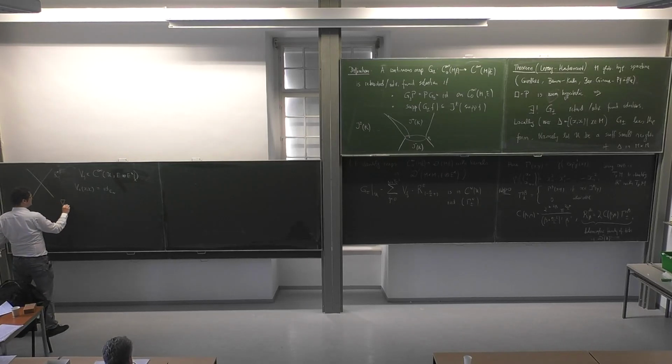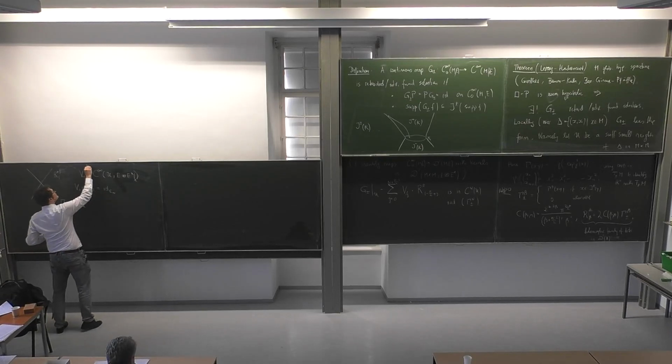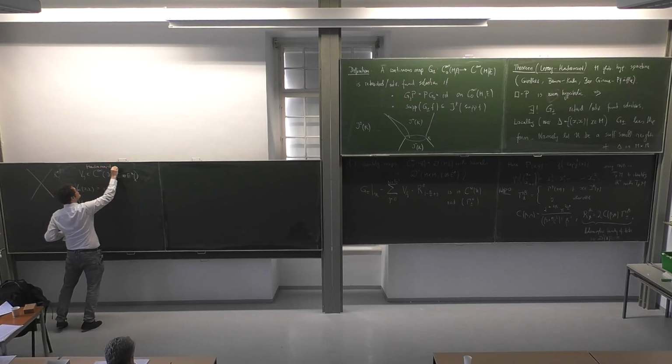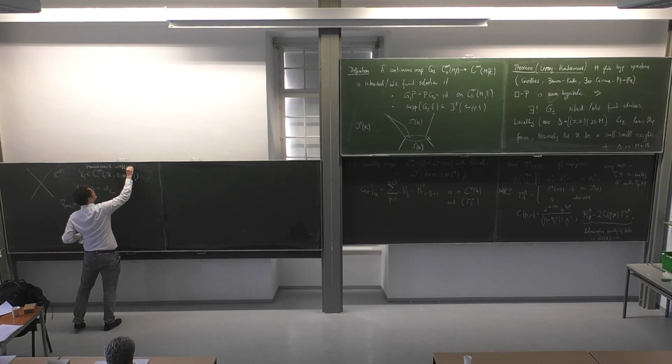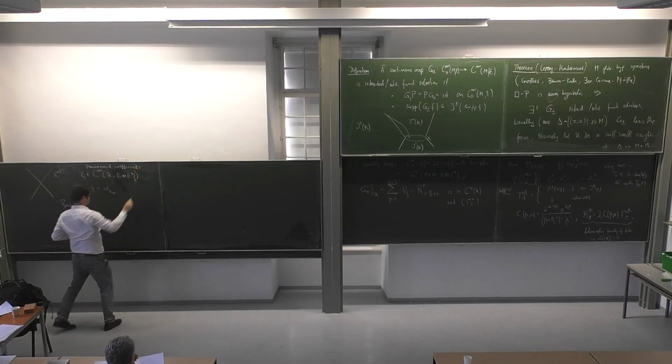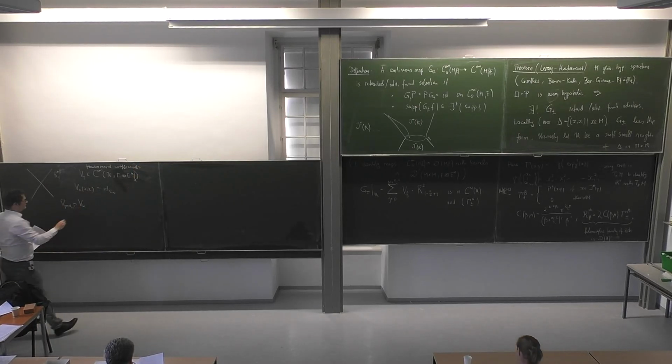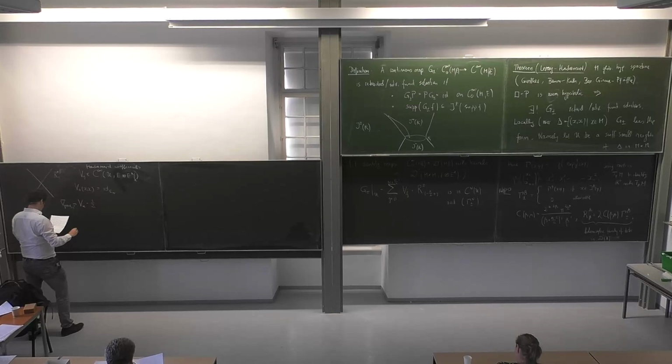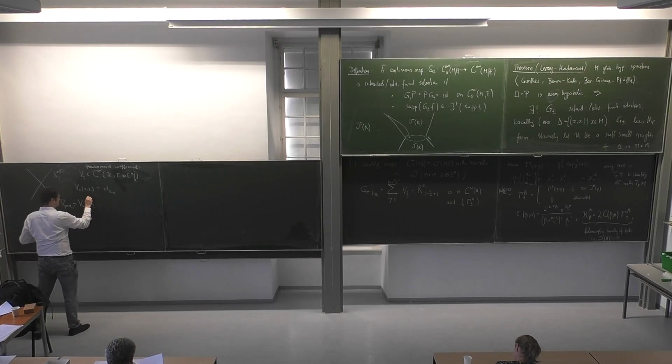So you take the gradient of gamma. Gamma has two variables. You should take the gradient in the first variable. That's why I write this little one here. And then you apply it to the kth Hadamard coefficient. They're called Hadamard coefficients. Minus, and then you take 1/2 in the bracket.